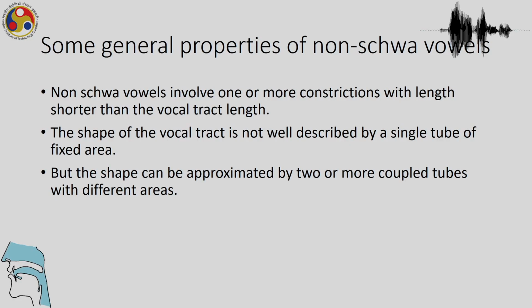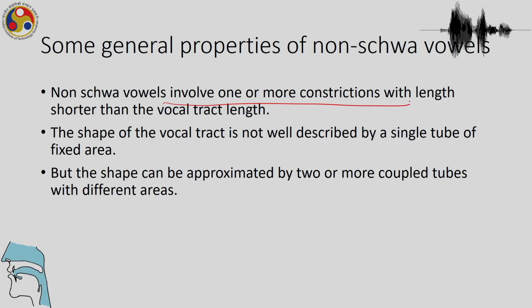So non-schwa vowels involve one or more constrictions with length shorter than the vocal tract length, and the shape of the vocal tract is not well described by a single tube of fixed area, but the shape can be approximated by two or more coupled tubes with different areas. As we just mentioned, non-schwa vowels involve more constrictions.